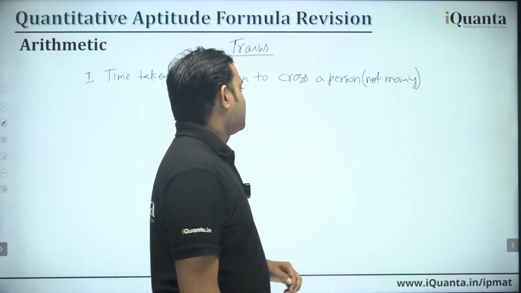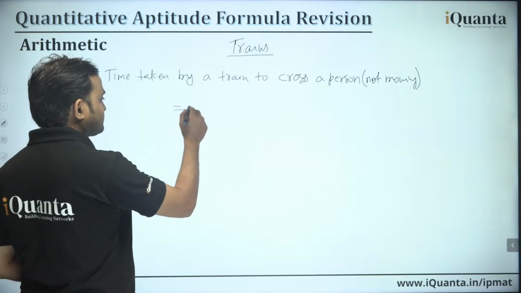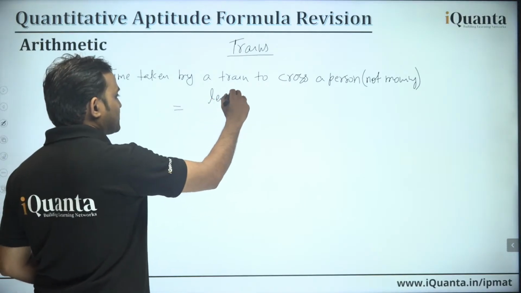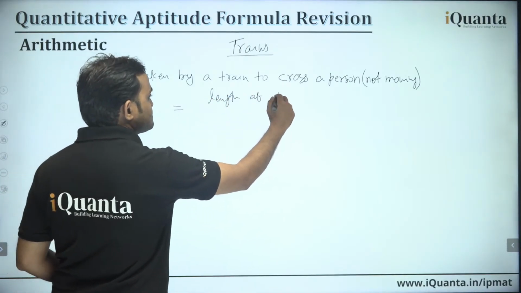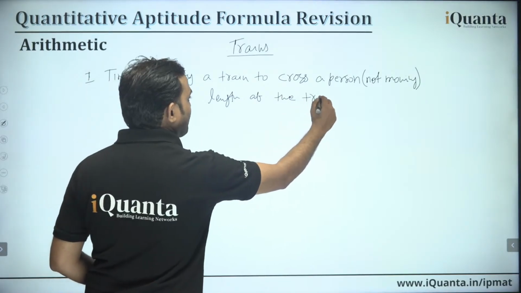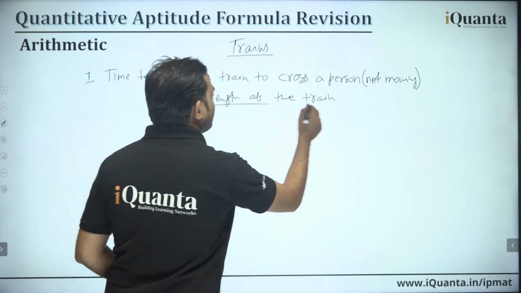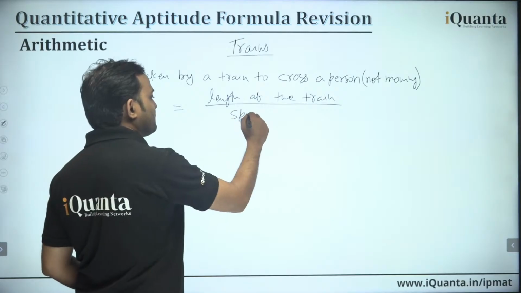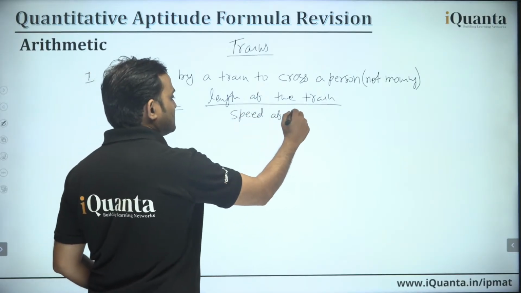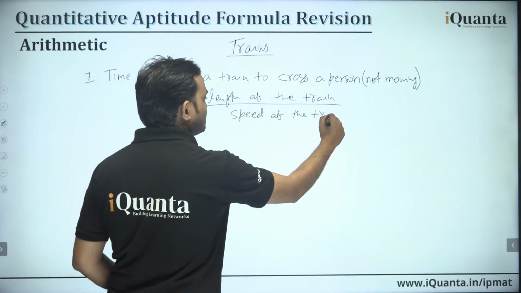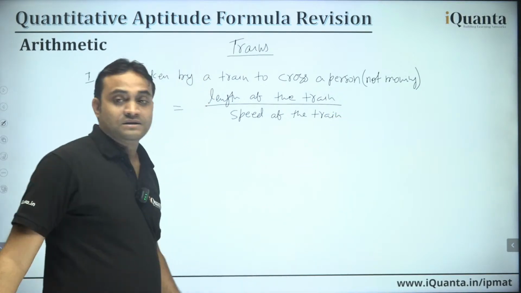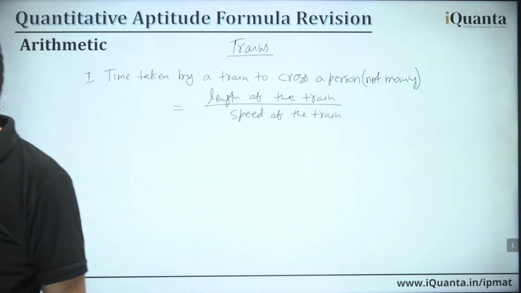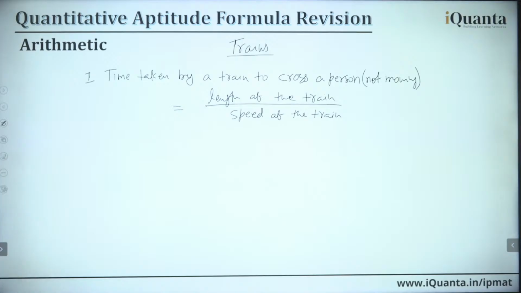This will be equal to the length of the train divided by the speed of the train. This is the time taken by the train to cross a person or a pole.